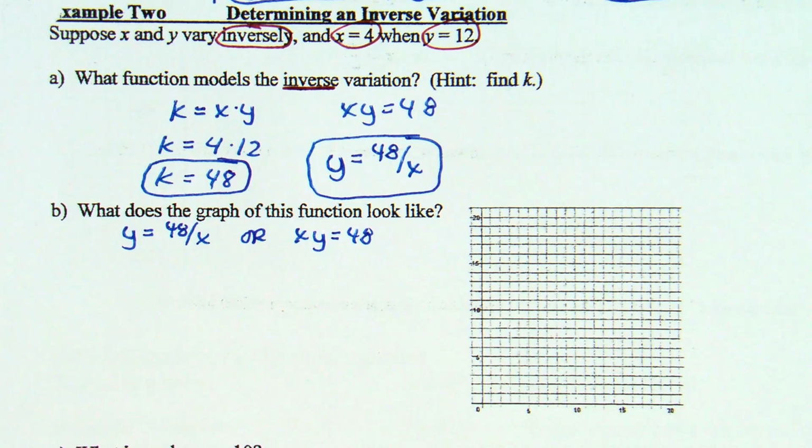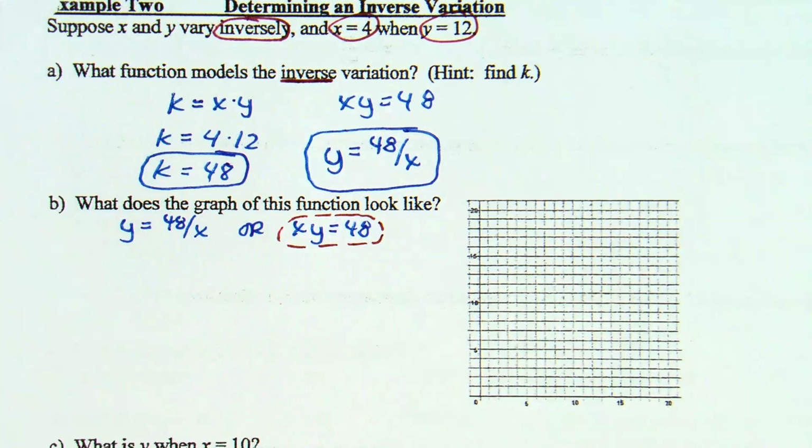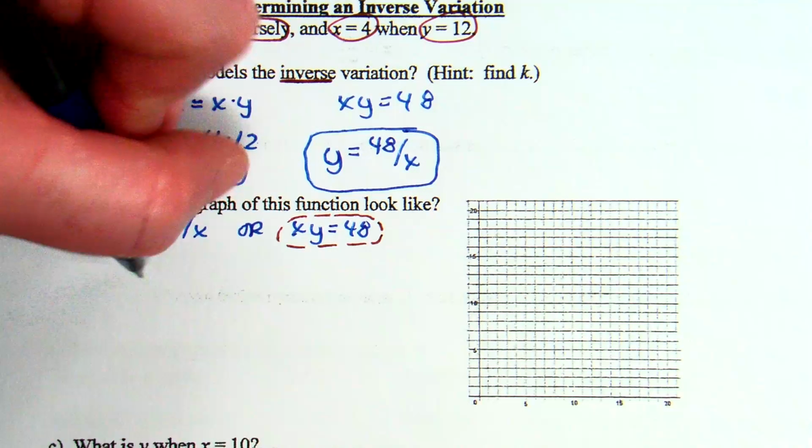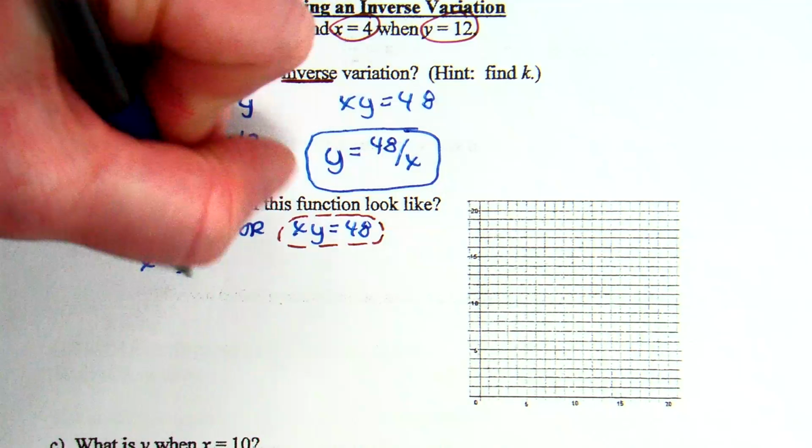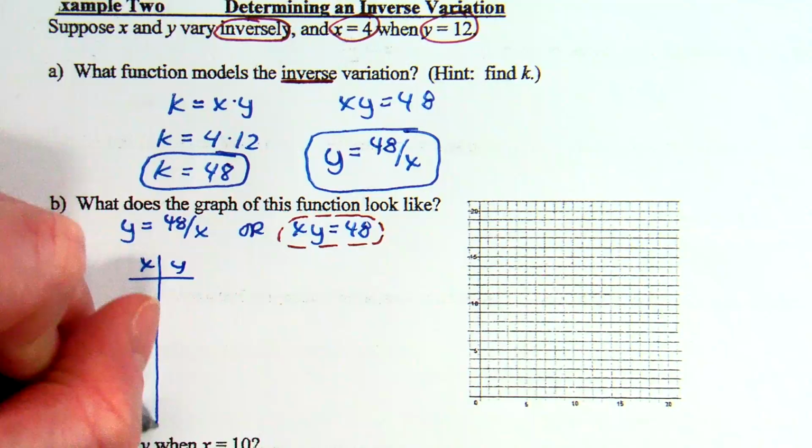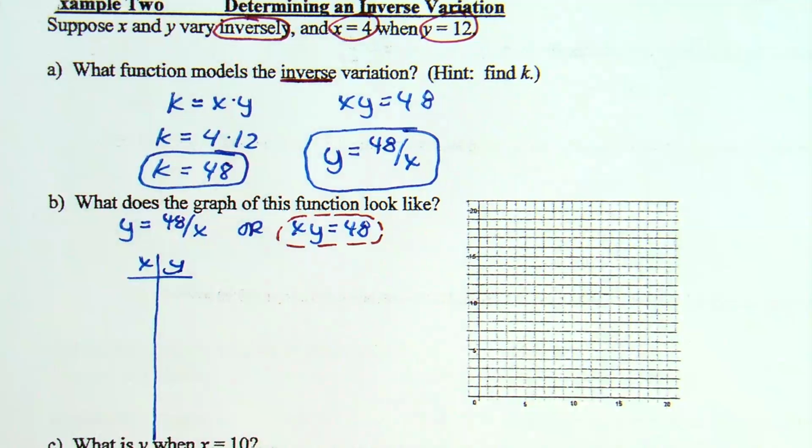Now, in all honesty, to be able to get a good idea of what this graph looks like, I'm actually going to use that, xy equals 48. Meaning, can you come up with numbers that multiply to be 48? 6 and 8? 24 and 2? 12 and 4. 48 and 1, 12 and 4.